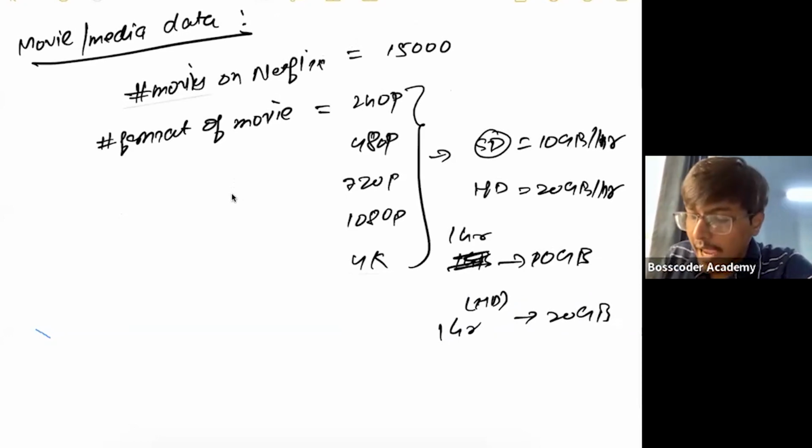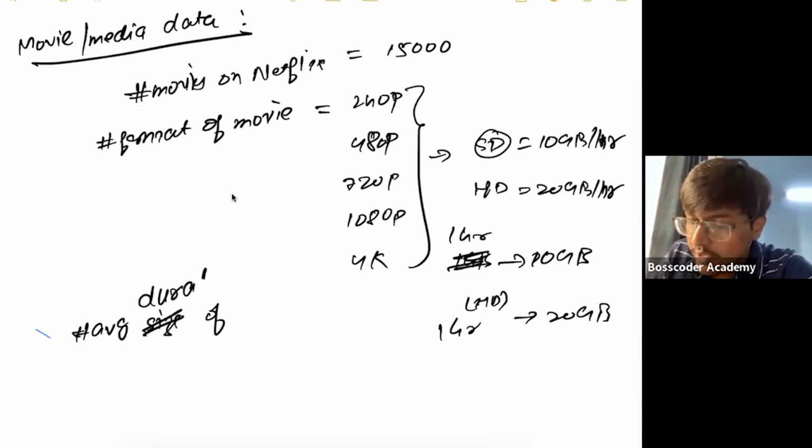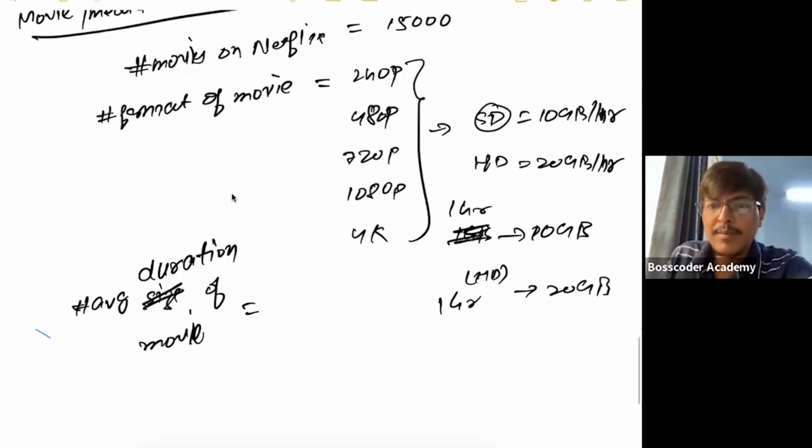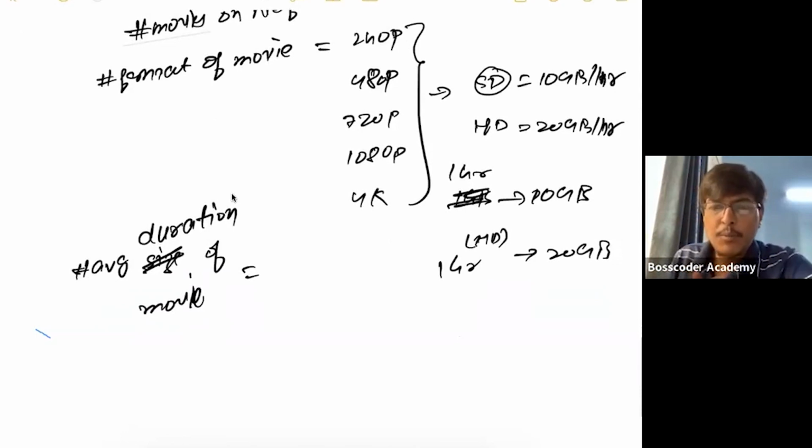What do you think will be the average size of the movie? Like average duration rather than size, let me say duration. Will it be 1 hour, 2 hours, 1.5 hours? Some series might be smaller, 30 minutes, 45 minutes. Some might be very big.